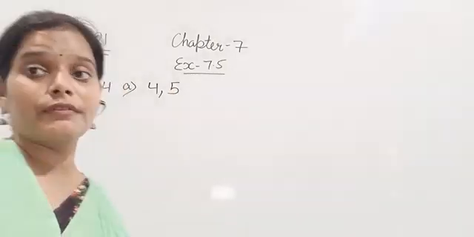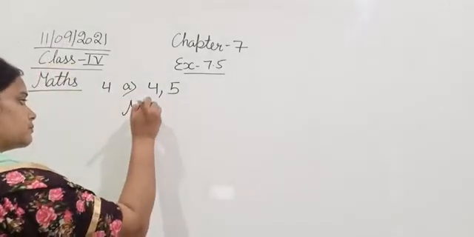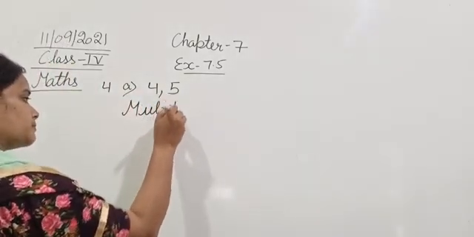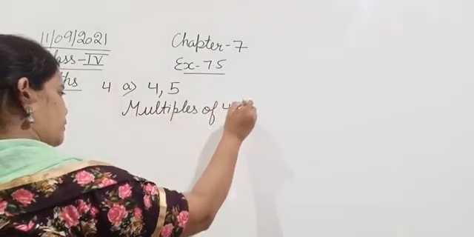So for that, first of all we will find the multiples of 4 and 5. So write down multiples of 4.